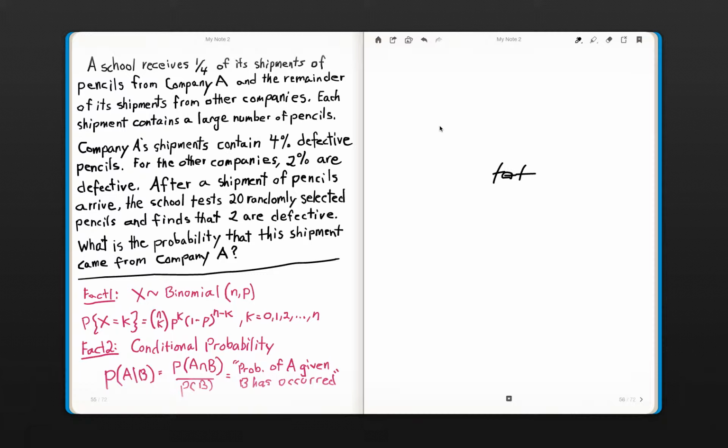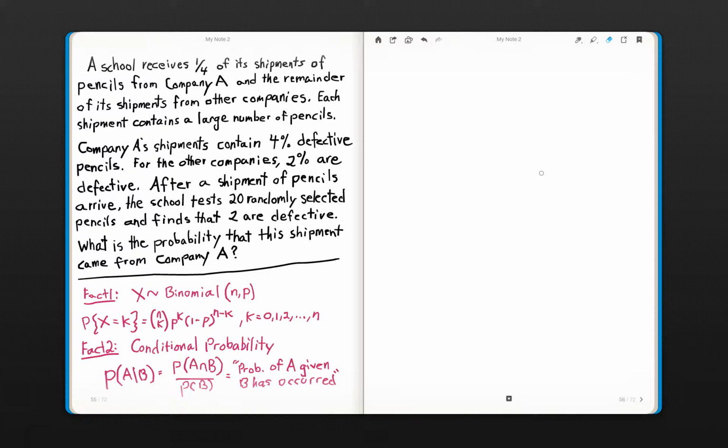Each shipment contains a large number of pencils, and Company A's shipments contain 4% defective pencils, and for the other companies 2% are defective. After a shipment of pencils arrives, the school tests 20 randomly selected pencils and finds that 2 are defective. What's the probability that the shipment came from Company A?